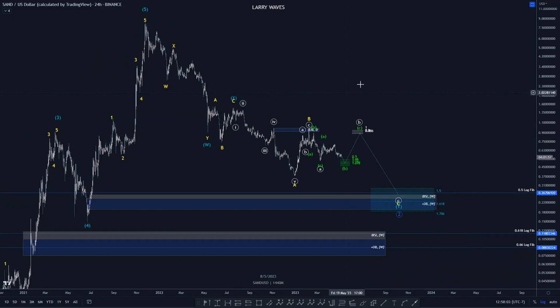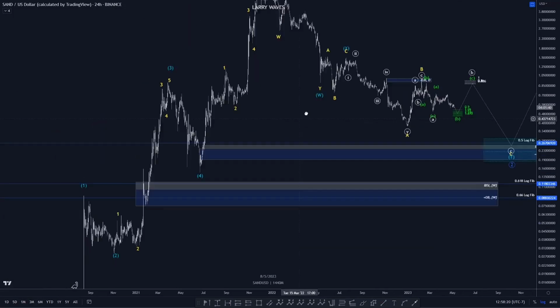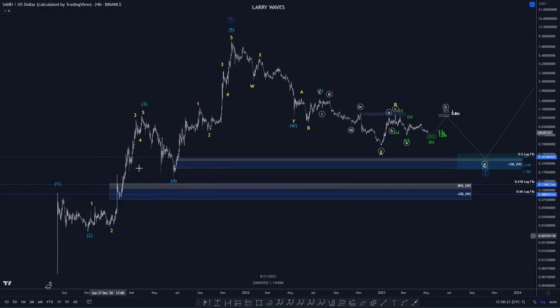But once again, this could even be an early indicator. This could be one of the altcoins that really pop up first before the other altcoins, because there are some coins that do that. There are some of those coins that kind of signal or they move before the other ones do. So this could be one of those because this is a pretty clean looking five-wave structure right here.